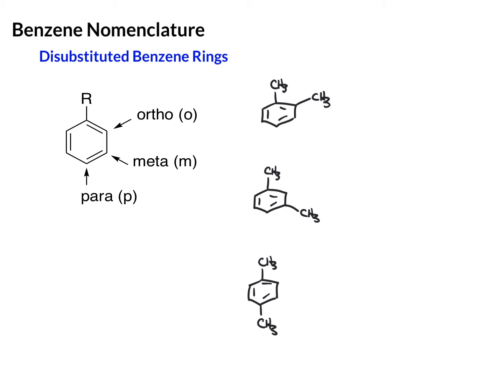And you should recognize that this carbon is equivalent to the one on the left. Likewise, this carbon is equivalent to the one on the left. So it doesn't matter which side you put it on, it's the same compound. Now, in terms of numbering, if we start at the top, we can designate these in terms of numbers.